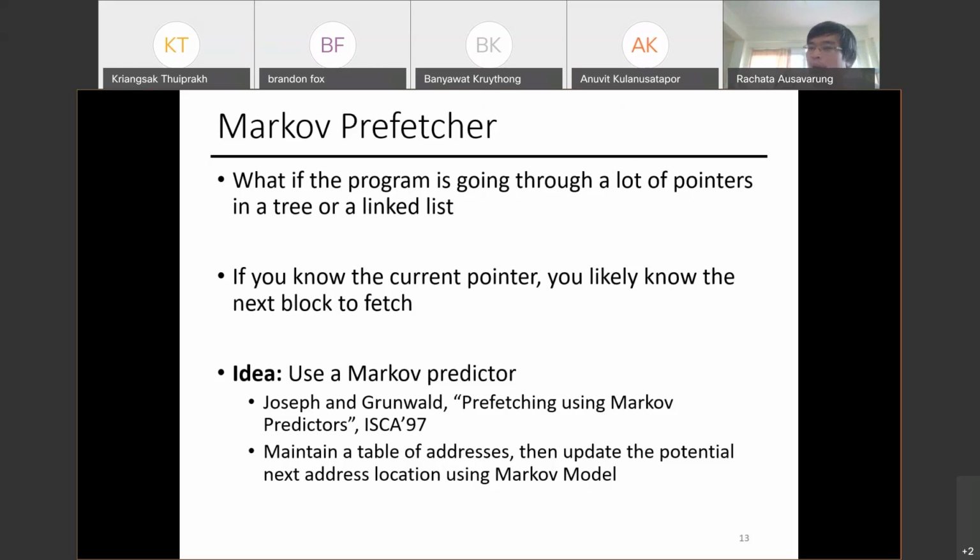Anyone want to guess why this would work in a tree or a linked list? Why would a Markov model be able to predict where I jump to next in a tree or a linked list? Any thoughts?